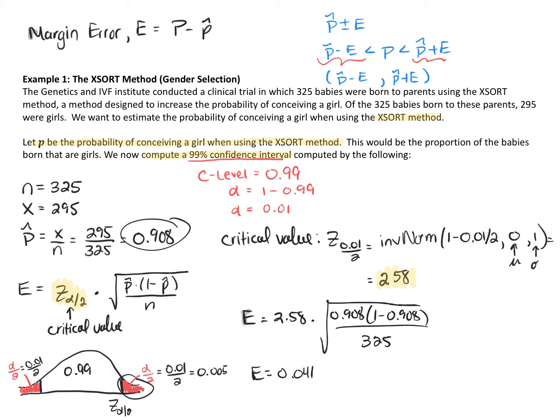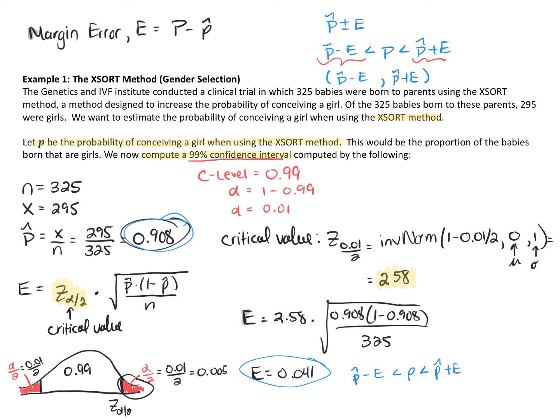Okay, so we just found e, we know p hat, and so now let's put it together. We're going to start with p hat minus e less than p less than p hat plus e.